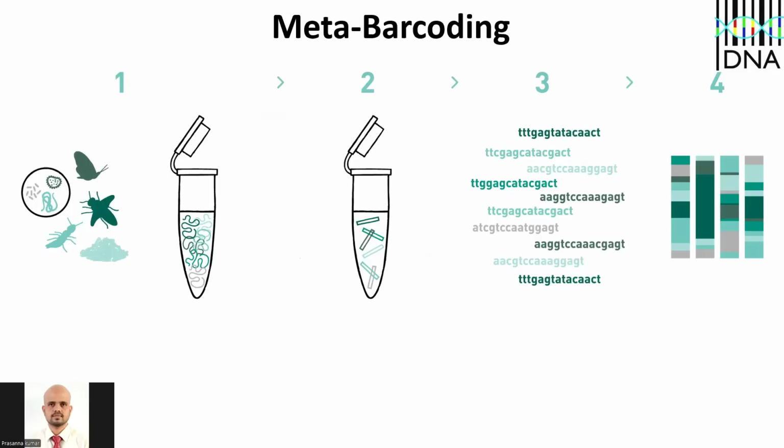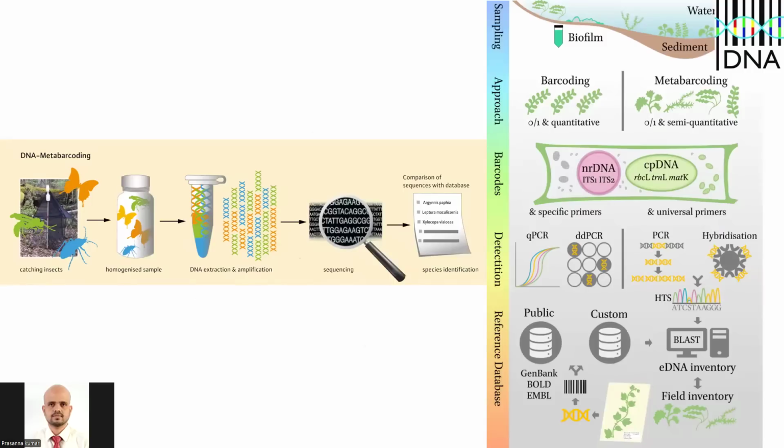Even these days, people working in biofouling deploy arms in the coral reef ecosystem. The entire community can be scraped off, DNA extracted, and sent for community sequencing. So what is the major difference between metabarcoding and barcoding?